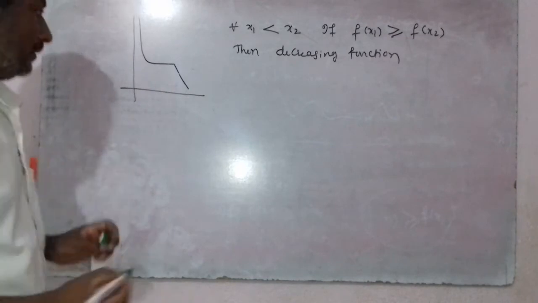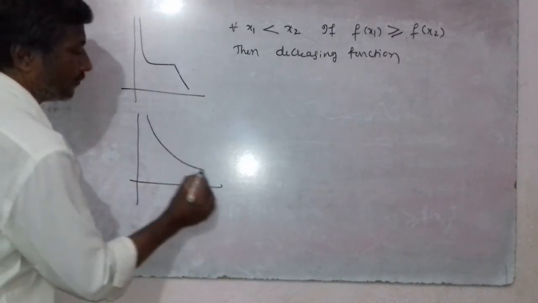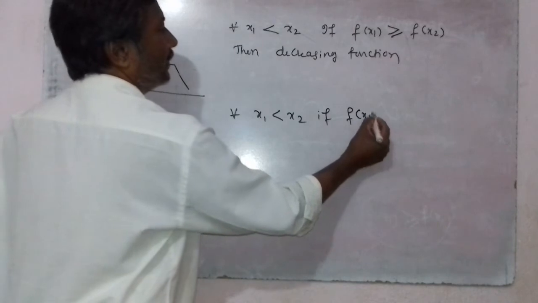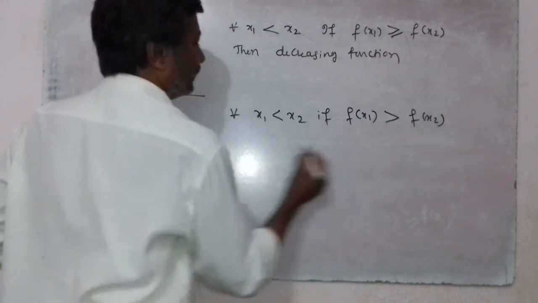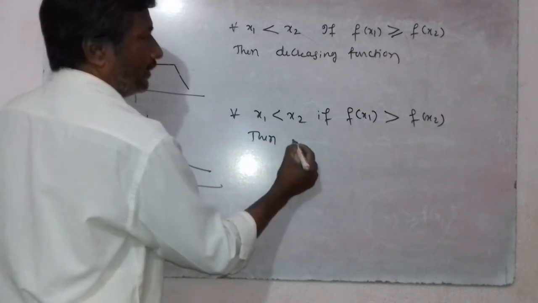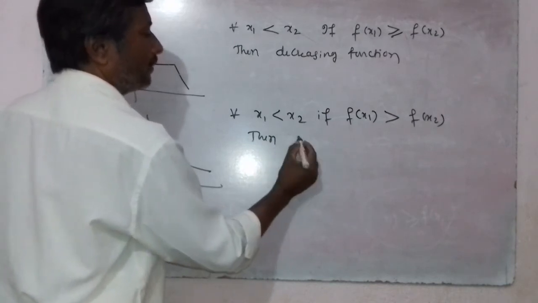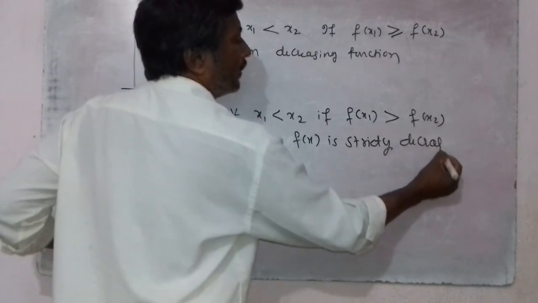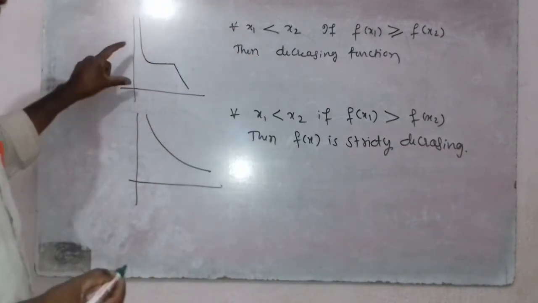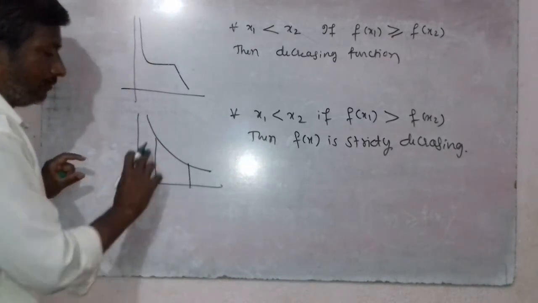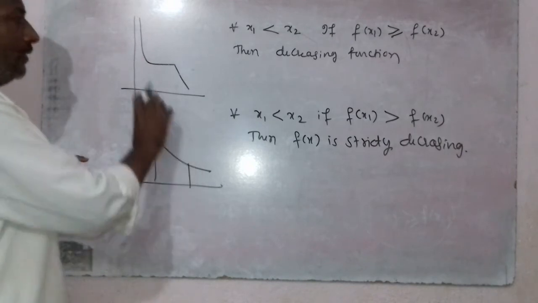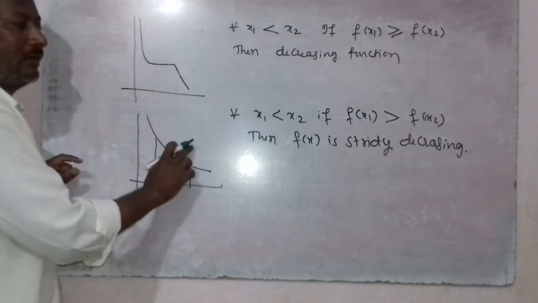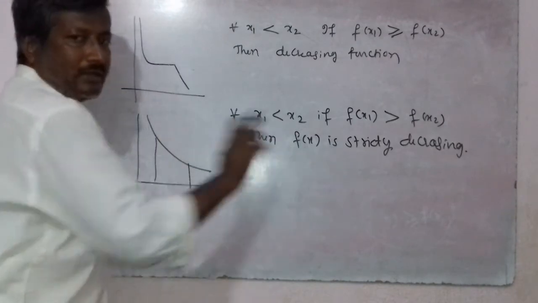And for all x1 less than x2, if f of x1 greater than f of x2, then f of x is strictly decreasing. Decreasing, strictly decreasing function.